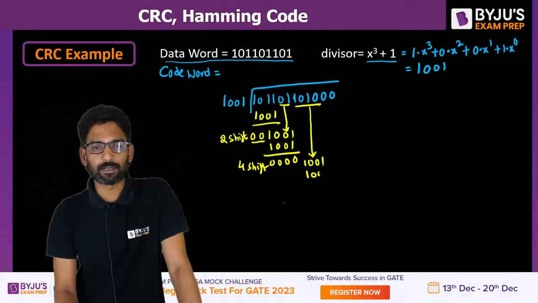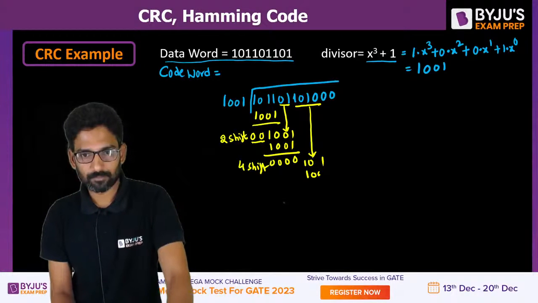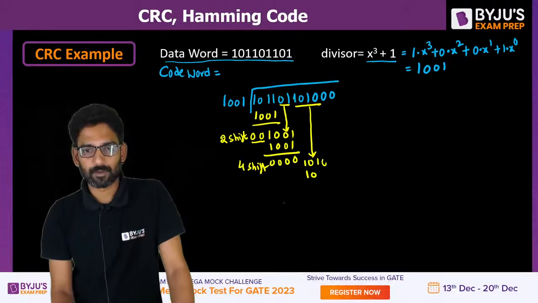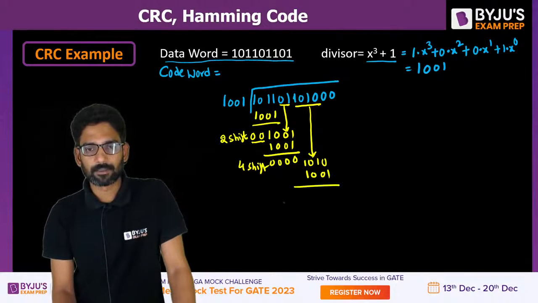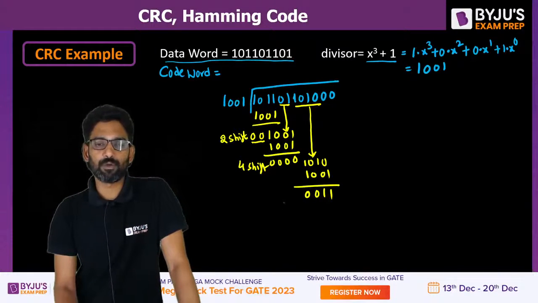Apply XOR again. 10, we are borrowing. Apply XOR again. So this will give you 0, 0, 1, 1. Do we have 2 bits to borrow? Yes.